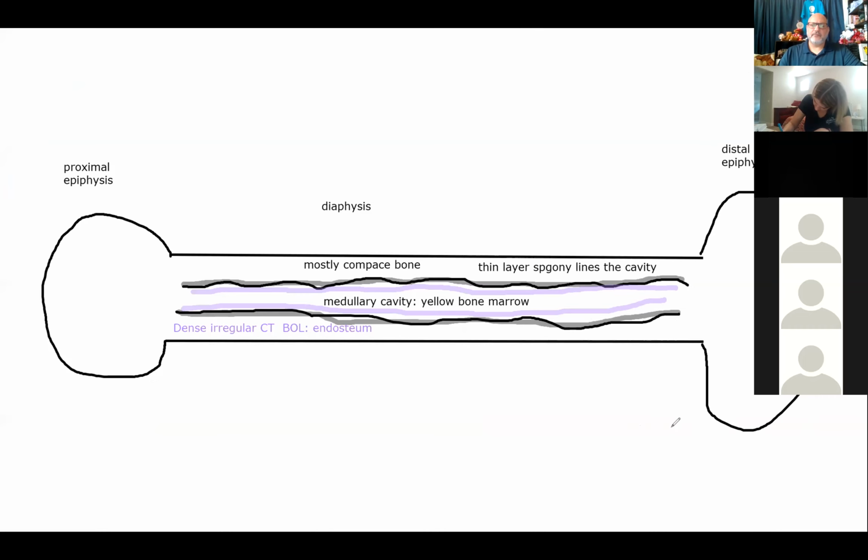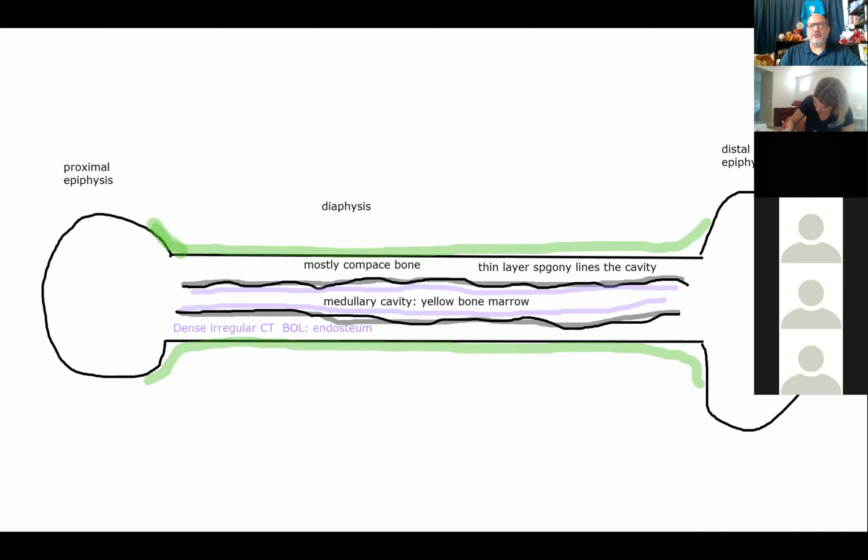All right. Of course, we know this isn't the only dense irregular connective tissue on the bone. We know that there is also a dense irregular connective tissue located on the outer surface of the bone.